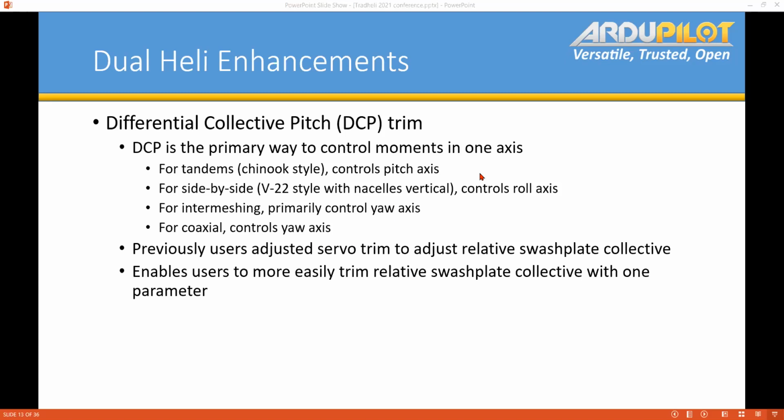You have to trim all three of your swash plate servos to fine tune the difference between the two, in case you're getting some offset that causes a pitching moment. He said it was just difficult. So we put in a new parameter that allows the user, with one number, to scale the difference between the swash plates and trim them out better.